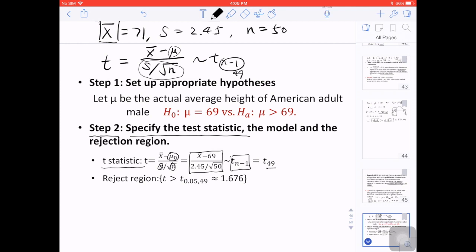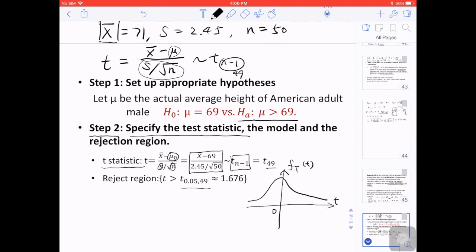Again, because our alternative hypothesis is mu larger than 69, your corresponding rejection region should be t larger than t alpha, n minus 1. Why is that? Remember in chapters 8 and 9, we learned the PDF of t looks like this. It's symmetric with respect to 0.